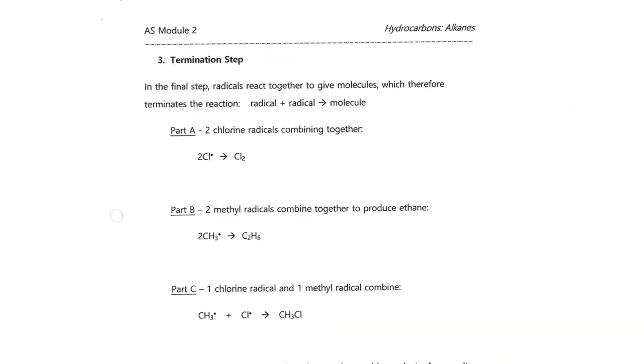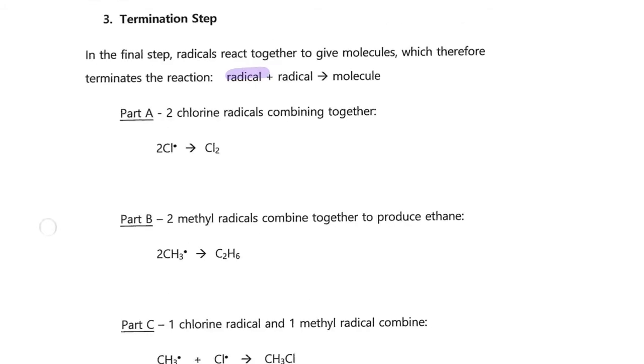So the only way to get these reactions to stop is by two radicals reacting together to form a molecule. If you had two radicals reacting together, then their unpaired electrons would come together and form a covalent bond, and that would lead to a stable molecule. So the products of these termination steps are stable, and they ultimately stop the reaction.